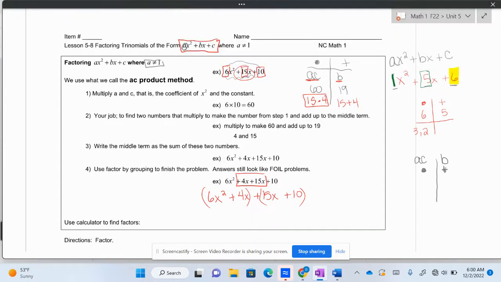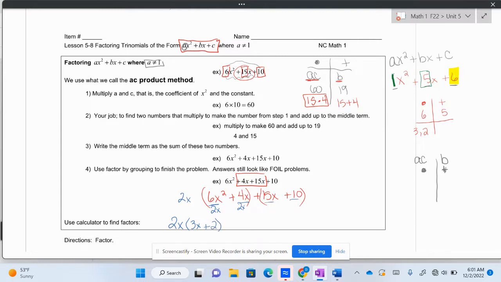The day that we learned how to factor, we used grouping. And we're going to figure out what the common term is. So the common term between 6x and 4x is 2x. So that means I'm going to take a 2x out. I have to divide each one of these by 2x. 6x squared divided by 2x leaves me with a 3x. 4x divided by 2x leaves me with a 2.